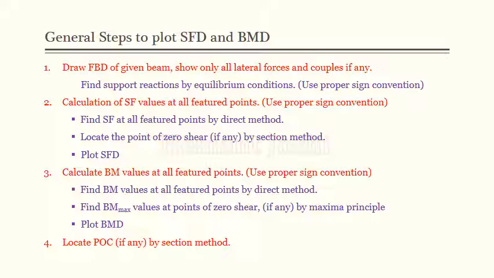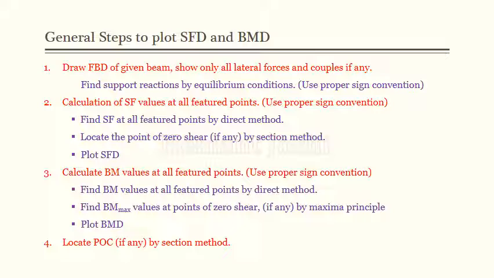The second step is calculation of shear force values. As I said, we have to consider either the left or right of the section. Then we calculate bending moment values. The last step: if there is any point of contraflexure, where the bending moment diagram changes its sign from positive to negative or negative to positive, how to locate that point, how to find the 0 shear point and the maximum bending moment values.